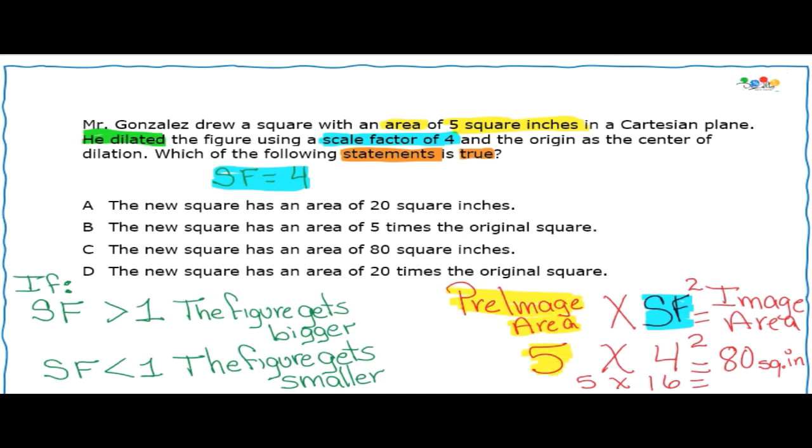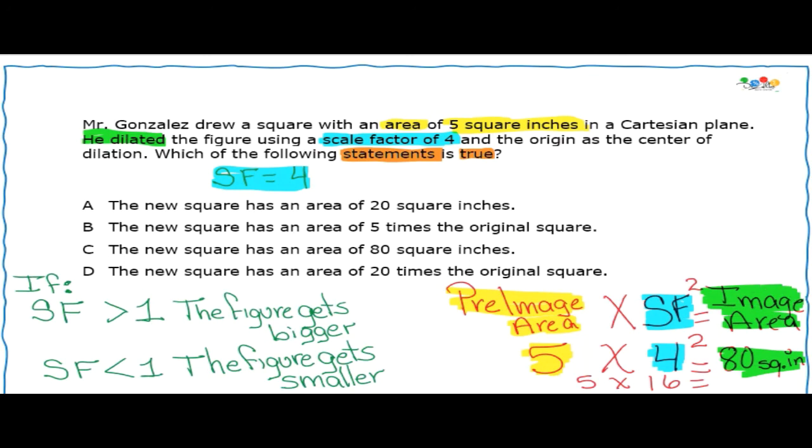Is that correct? Now, once I apply the scale factor, remember the scale factor was 4, right? Now I got the new area. Once you dilate it, you get a new area, which is what? 80 square inches. This is your image.